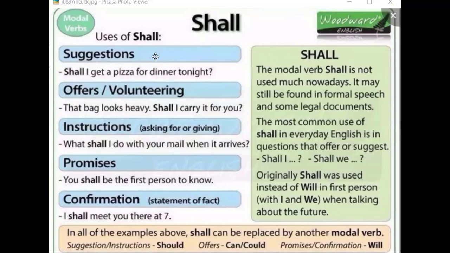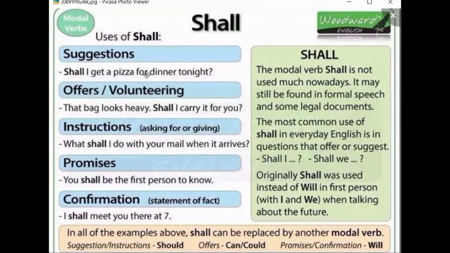Okay, now let's read some other usages of shall. Bilal, continue. Start from the usages of shall. Uses of shall. Suggestions. Shall I get pizza for dinner tonight? Offers and volunteering.